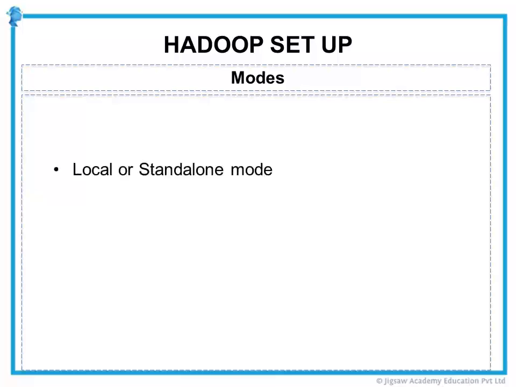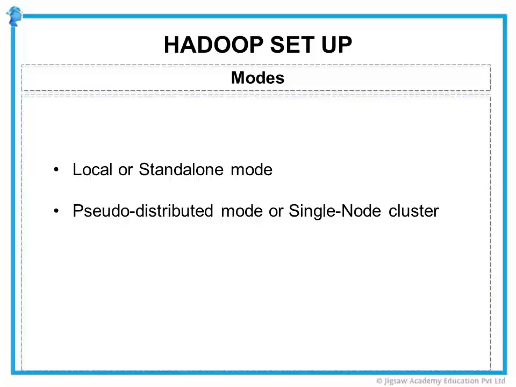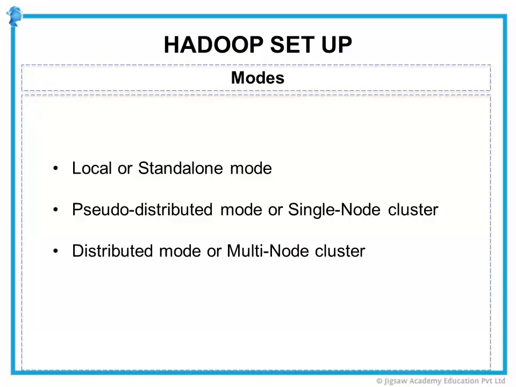You have the local or the standalone mode, then you have the pseudo distributed mode or a single node Hadoop cluster, and finally we have a distributed mode or the multi-node Hadoop cluster. We will need to change certain configuration files to change the mode in which Hadoop is set up. In the case of distributed mode though, in addition to configuration file changes, we also need multiple machines as well. We will discuss this more as we get to that stage.